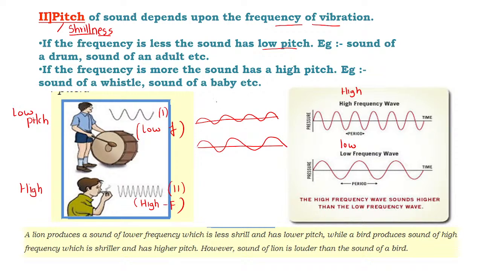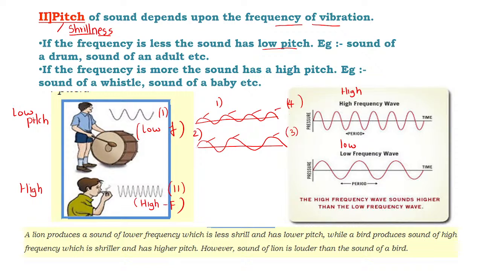Whose frequency is more? Diagram 1 or diagram 2? Just count the number of crests. In this case, 1, 2, 3, 4. Whereas in this case, 1, 2, 3. So which one has high pitch sound and which one has low pitch sound?